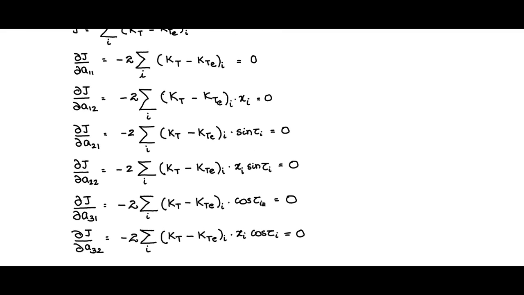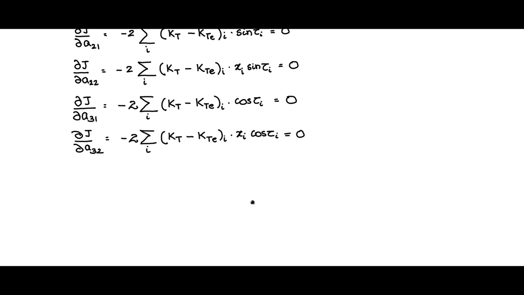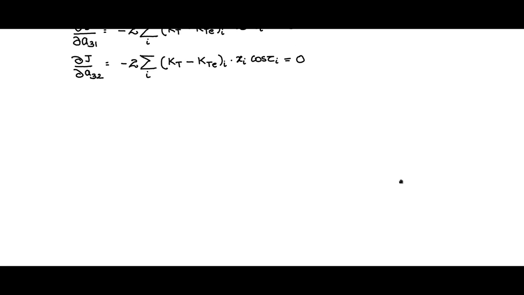Now these are the 6 equations that you have. Kt is a measured quantity, xi, tau y are input quantities, kte, the parameters a11 to a32 are unknown. You have 6 unknowns, 6 equations, you should be able to calculate.